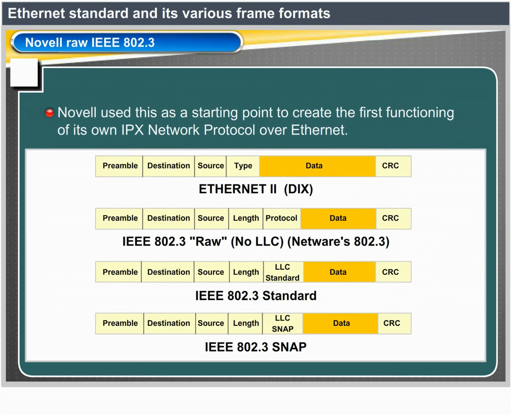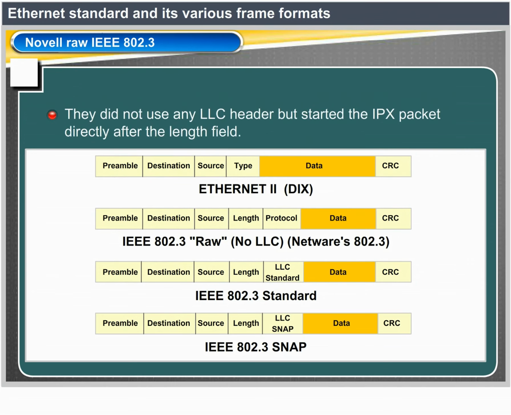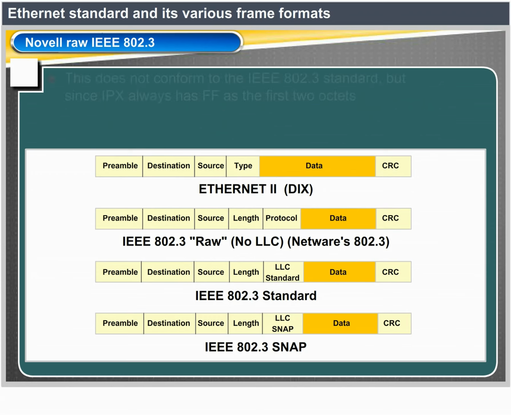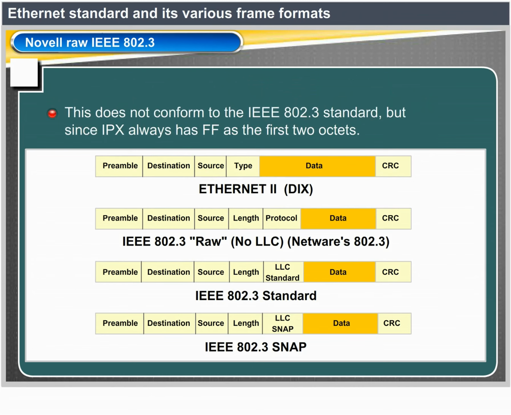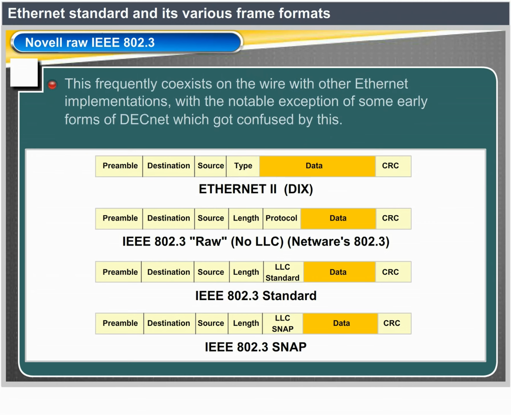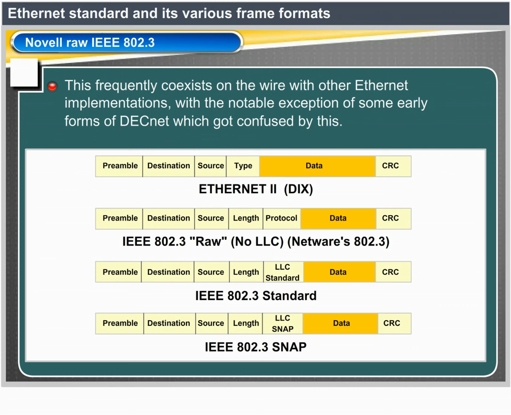They did not use any LLC header but started the IPX packet directly after the length field. This does not conform to the IEEE 802.3 standard, but since IPX always has FF as the first two octets, this usually coexists on the wire with other Ethernet implementations, with the notable exception of some early forms of DECnet which got confused by this.